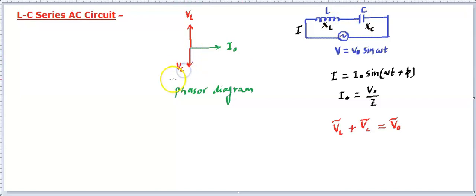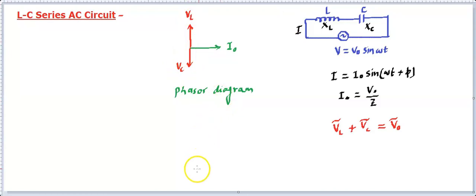So this becomes two voltages, and you can call these vectors or phasors. Now we need to find the resultant of these two. The resultant of these two is going to be the final one. Here it will depend on which voltage is higher. If VL is higher, it will go upside, or if VC is higher, it will go downside.